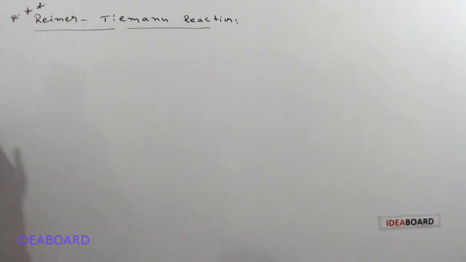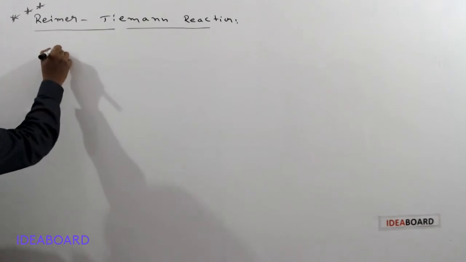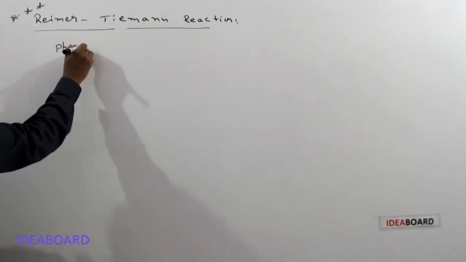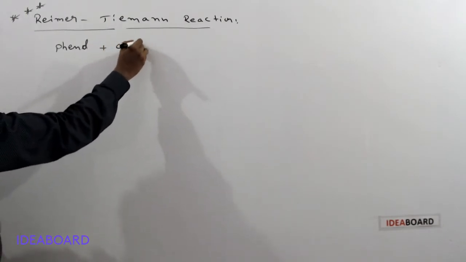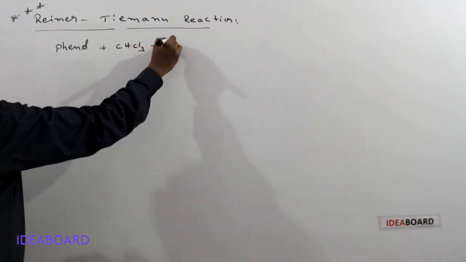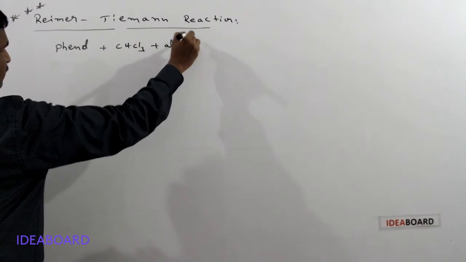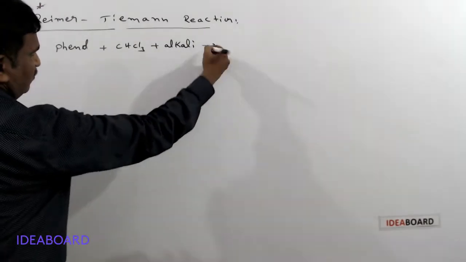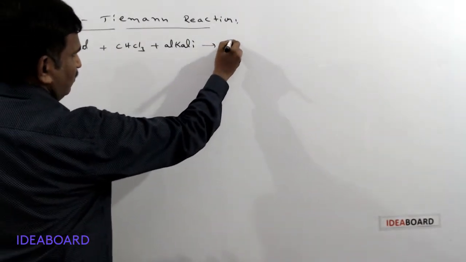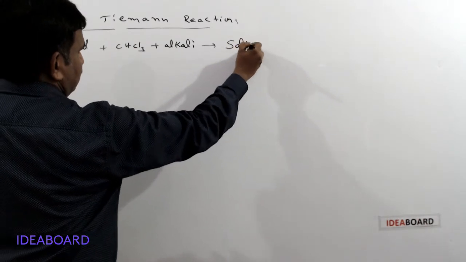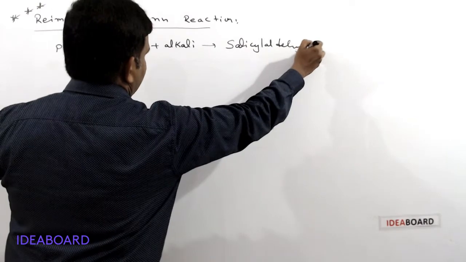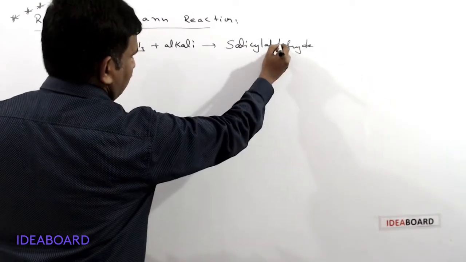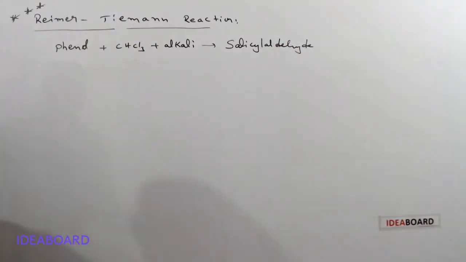The main reaction is that phenol reacts with chloroform and alkali to form salicylaldehyde as the main product. The salicylaldehyde is formed as a main product.